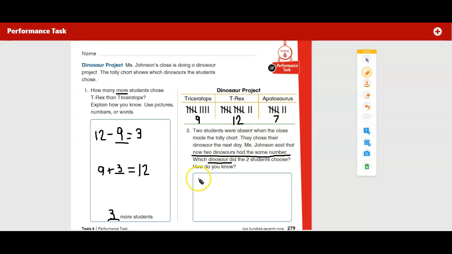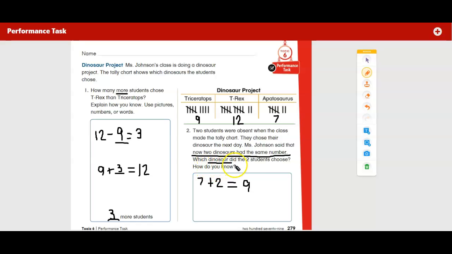If we take the 7 Apatosaurus and add the 2 votes, that would give us 7 plus 2, which is equal to 9. 9 is the same number as the Triceratops votes.